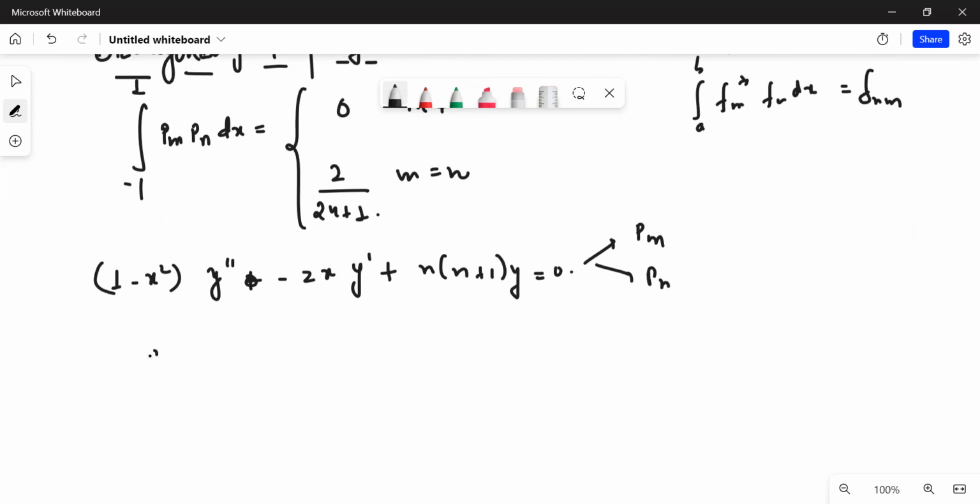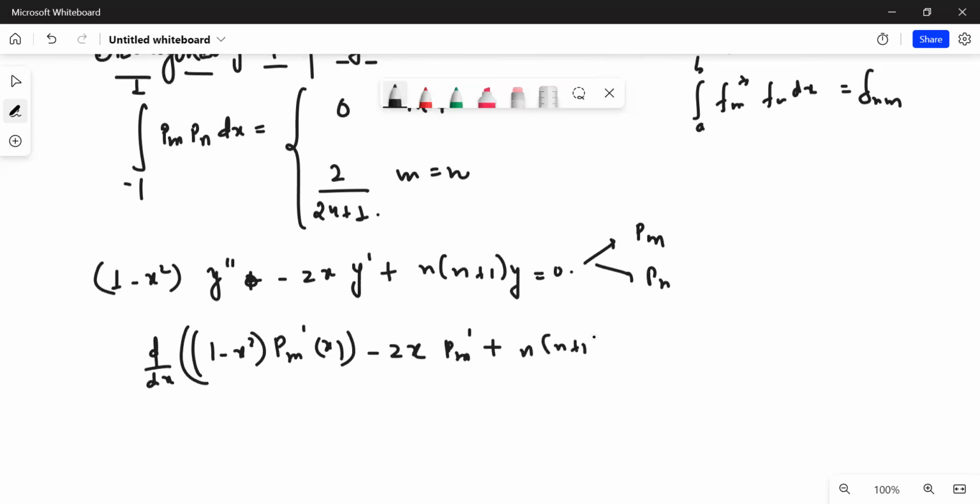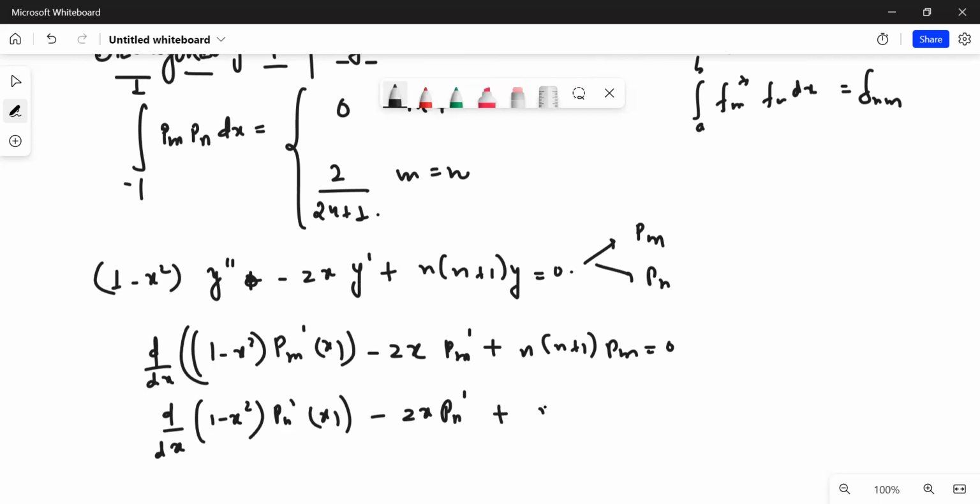I can write them as d/dx of [(1 minus x squared) P_m dash(x)] plus m(m plus 1) P_m equal to 0. Similarly, d/dx of [(1 minus x squared) P_n dash(x)] plus n(n plus 1) P_n equal to 0. This is equation number 1, and this is equation number 2.